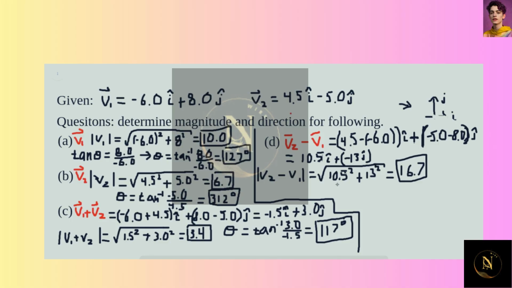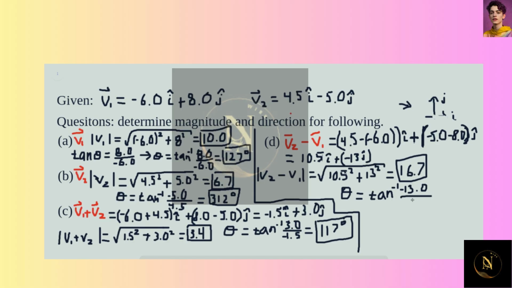So there's our magnitude. Now we, again, same as before, we want to figure out directionality. Same equation using our trigonometric identities. Inverse tangent of the opposite over the adjacent. And in this case, opposite was minus 13.